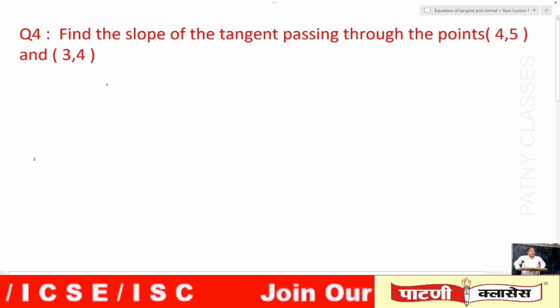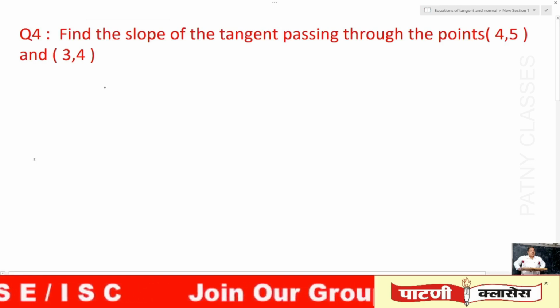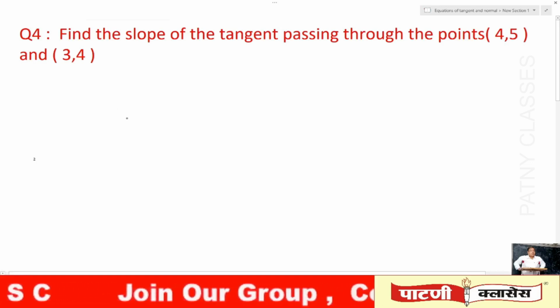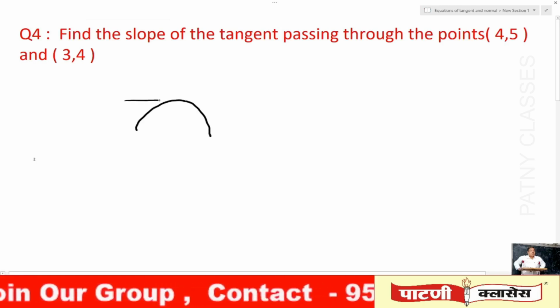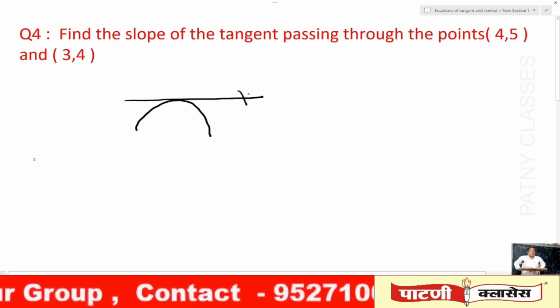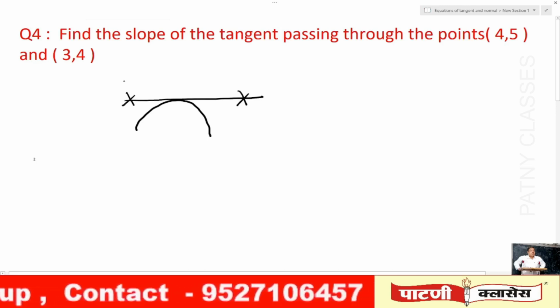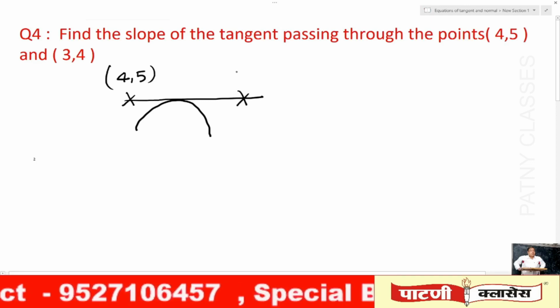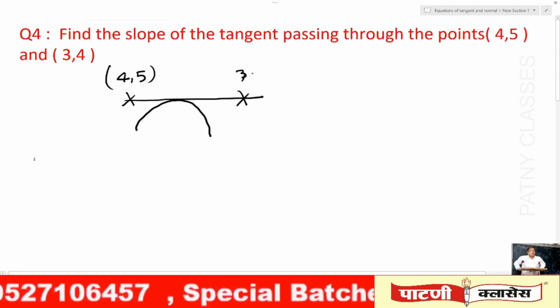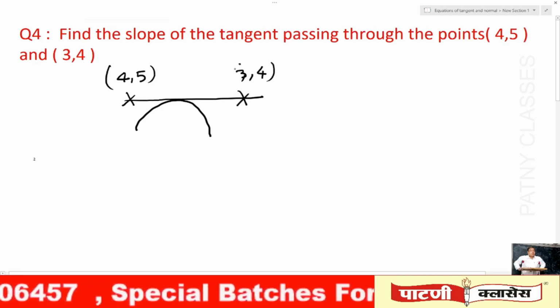In this question, we have to find the slope of the tangent passing through two points. The curve is not given, only the tangent is passing through some points. What are the points? 4, 5 and 3, 4. So these 2 points are given to us.